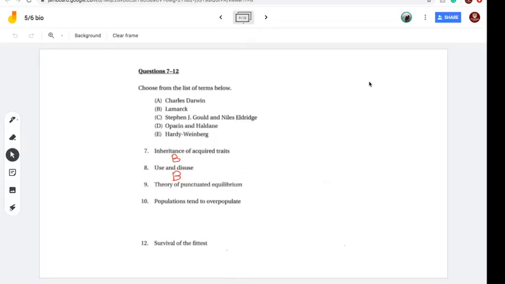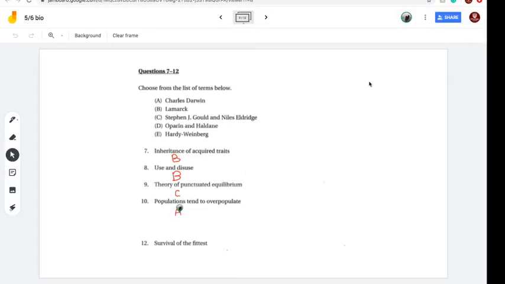So this theory of punctuated equilibrium belongs to Stephen Jay Gould and Niles Eldredge. So choice C. And number 10, populations tend to overpopulate. Which of the following terms match it? Populations tend to grow exponentially, and this idea was developed by Darwin. So the correct answer would be choice A, Charles Darwin.